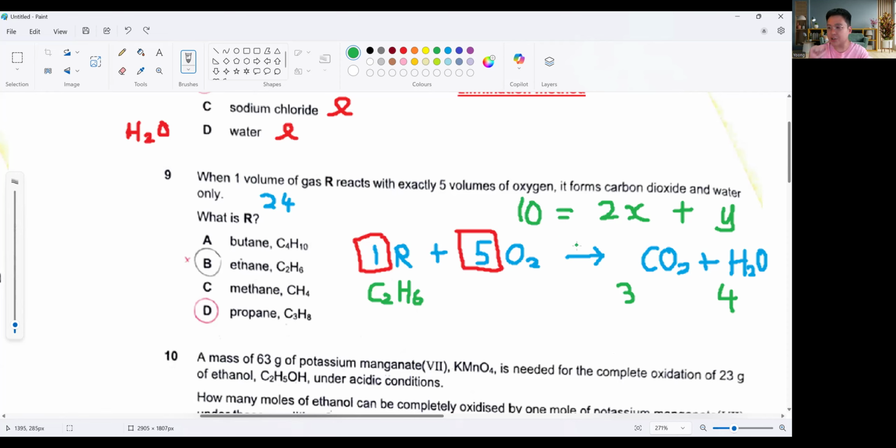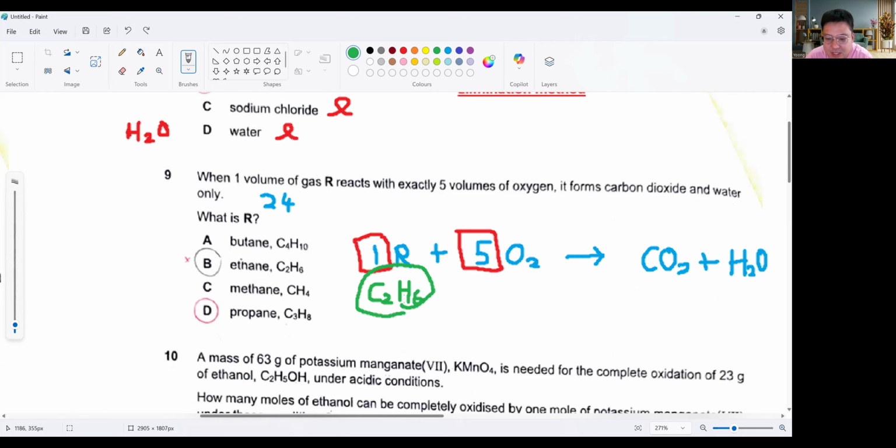So the combination of x and y can be x equals 3, y equals 4, or 4 and 2. Is there any other combination? I don't think so. Or the last one maybe is 1 and 8, because 1 times 2 is 2 plus 8, then you get 10. Okay, maybe let's not make it so difficult. Let's just try to do it like that.